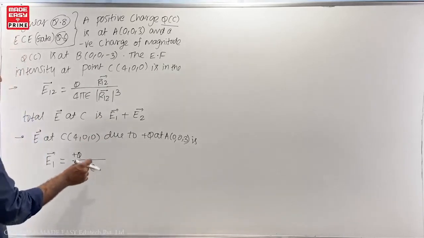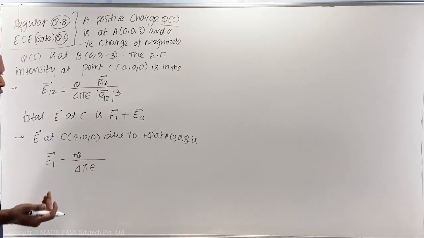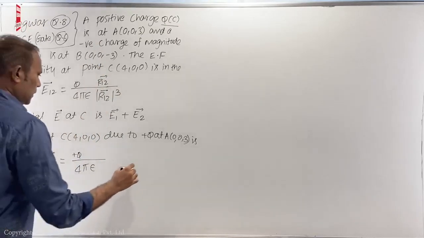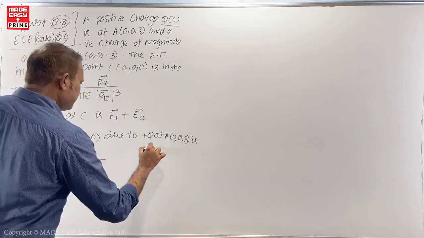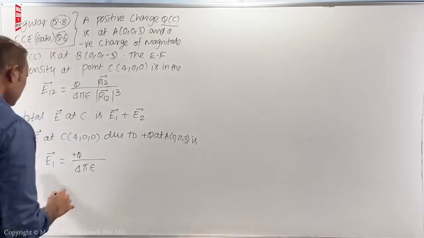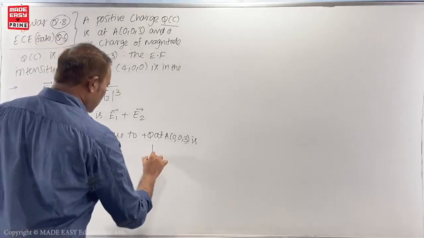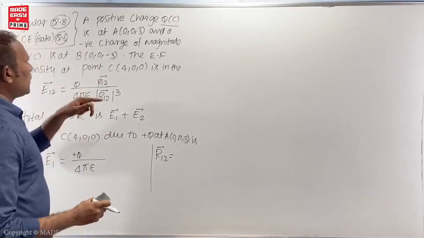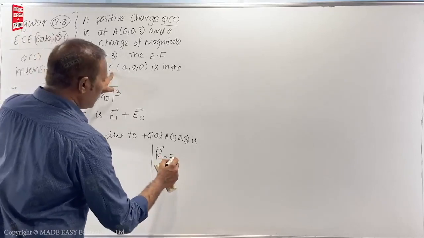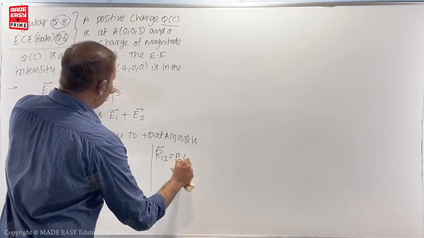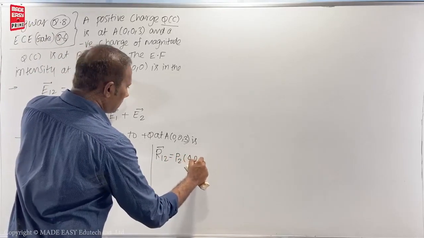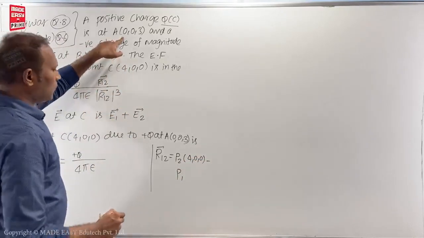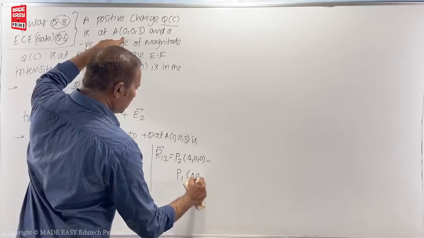Now, what is R12 bar? R12 bar is nothing but field point minus source point. Actually no need to write now, that is direct. So R12 bar means field point. What is the field point? That is 4 0 0 minus plus Q charge is at this location, that is called source point.